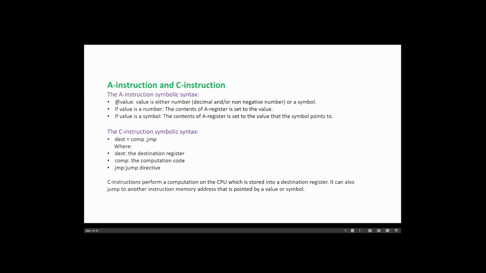This instruction performs a computation on the CPU, which is stored into a destination register or a memory location. It can also tell the CPU to jump to another instruction memory address that is pointed to by the value or the symbol.